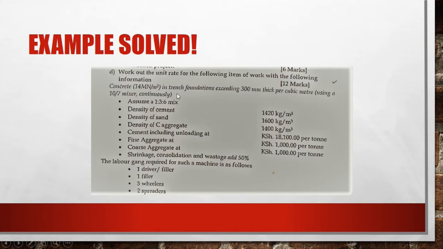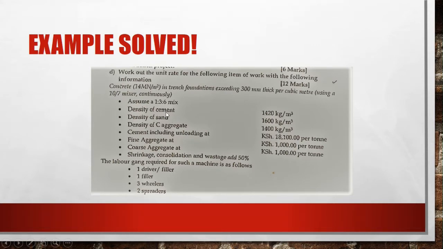I have concrete in trench foundation exceeding 300 millimeters thick per cubic meter, using a 10/7 mixer continuously. Assume the mix is in the ratio 1 to 3 to 6.